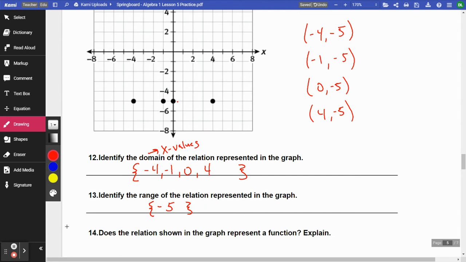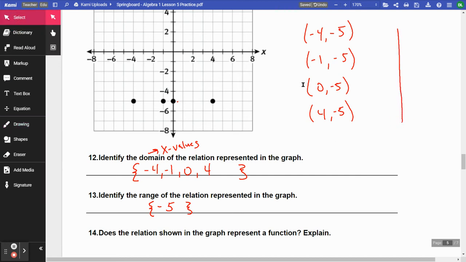How do we test if a graph is a function? The vertical line test. I'm going to draw a vertical line. At any point, does this vertical line touch more than one dot at a time when I move it from left to right? No, it doesn't. So is it a function?